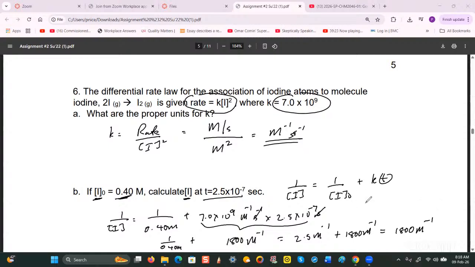And then we're not finished yet, because remember, this is equal to 1 over the concentration of I, right? So what the question is asking for is the concentration of I. Let me do this up here.